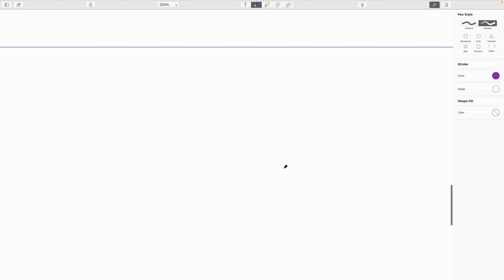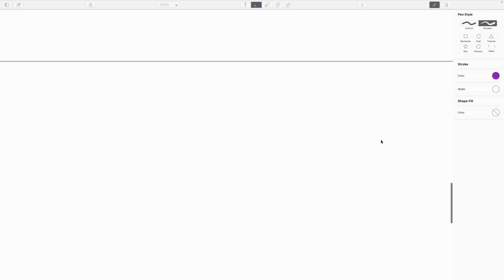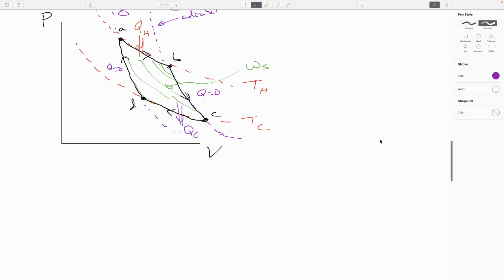Okay, so let's figure out what the efficiency of our Carnot cycle is. If we look at these processes here, the change in entropy for an entire cycle, because it's a reversible engine, has to be 0.